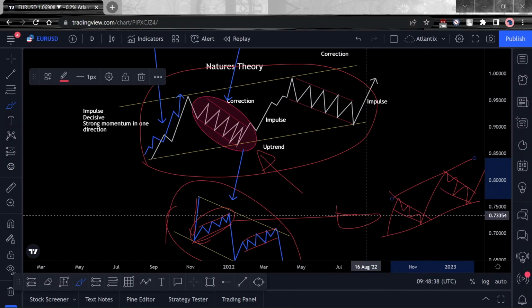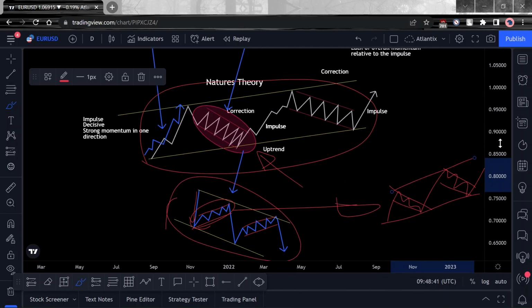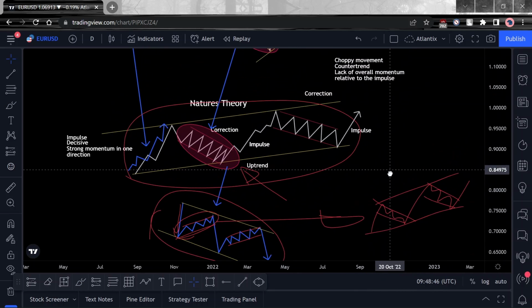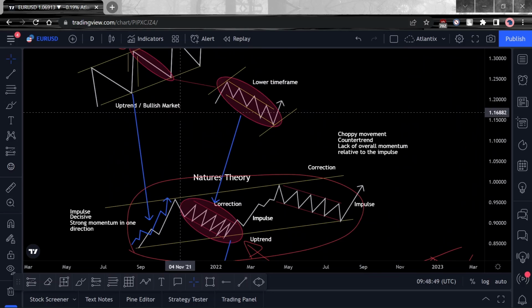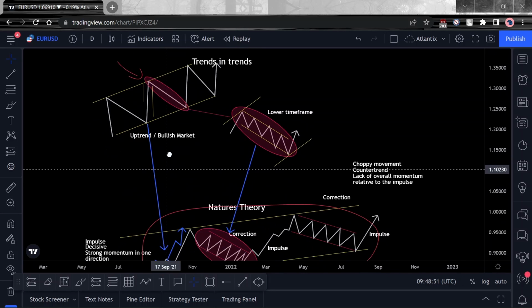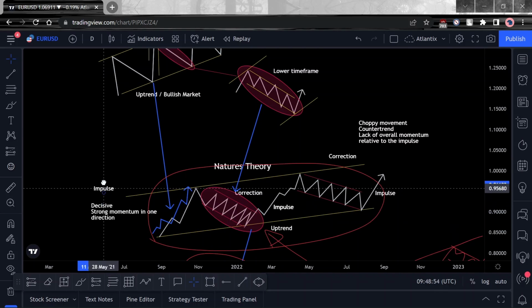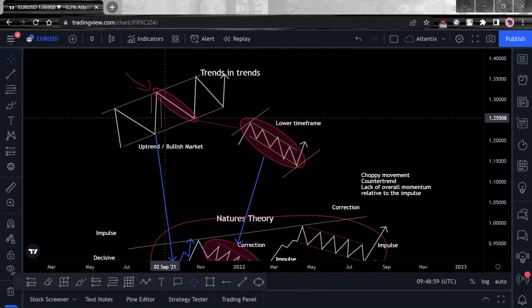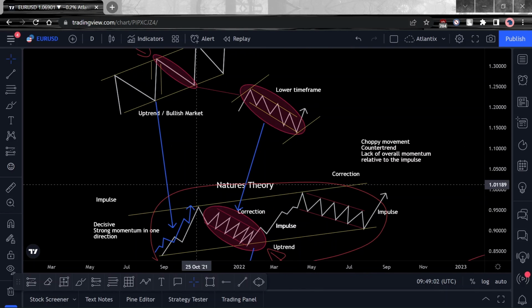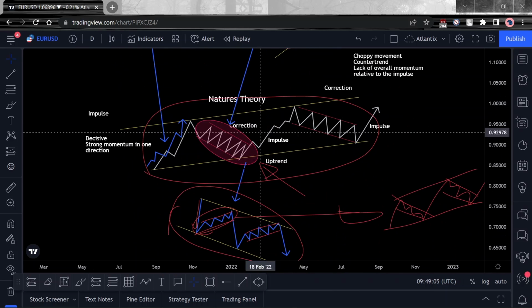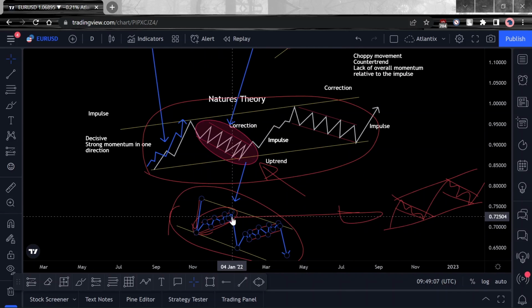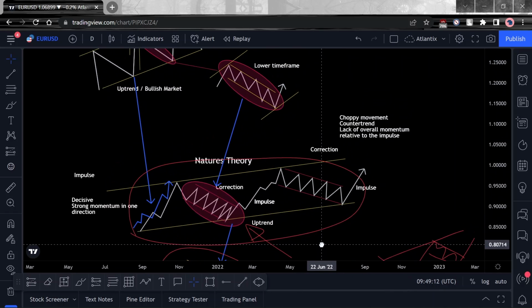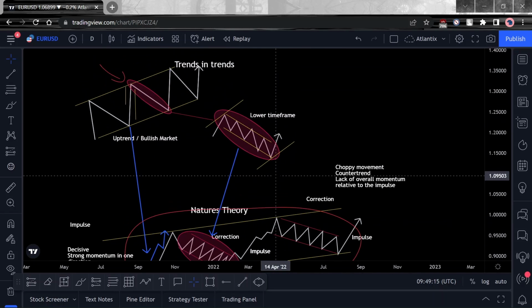So for you as a trader, your job is to be able to accept that this is going to be happening a lot. The market is going to be moving in an impulse and correction nature, right? And when it corrects, you'll find within those corrections some impulses, some corrections, because we can find trends within trends on any time frame.